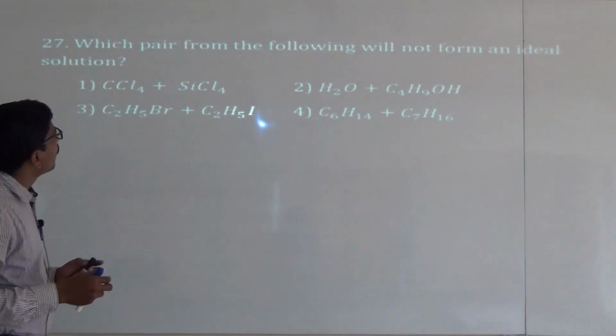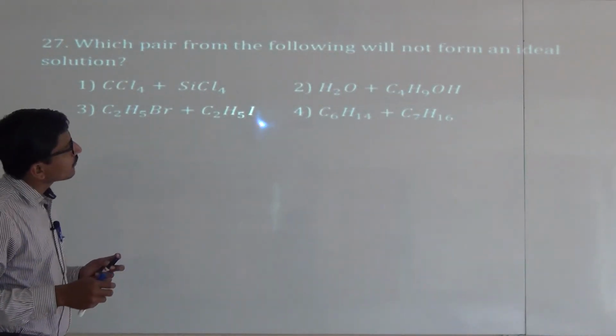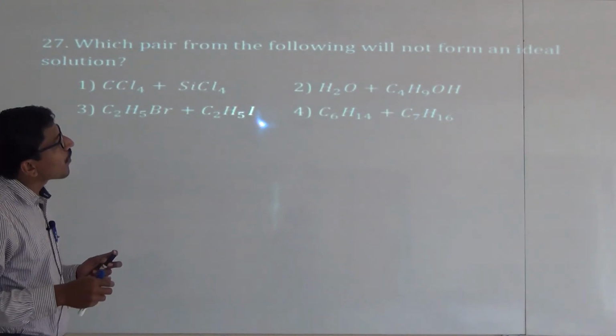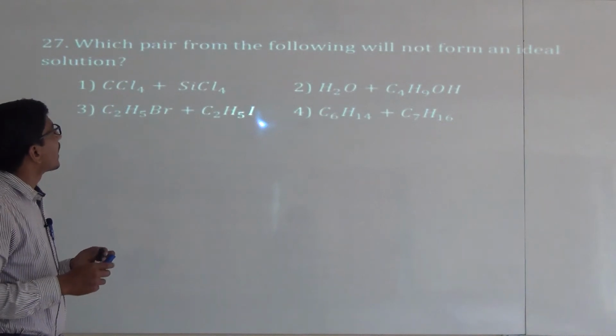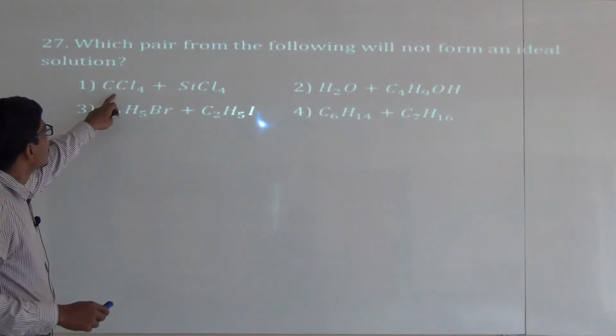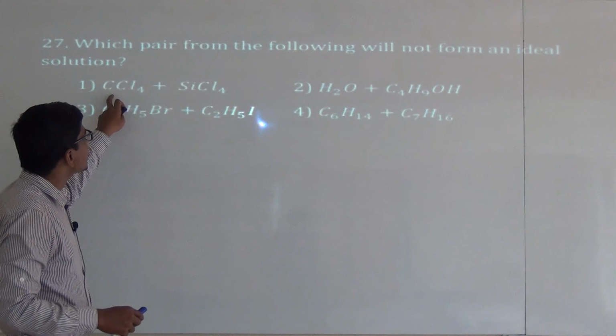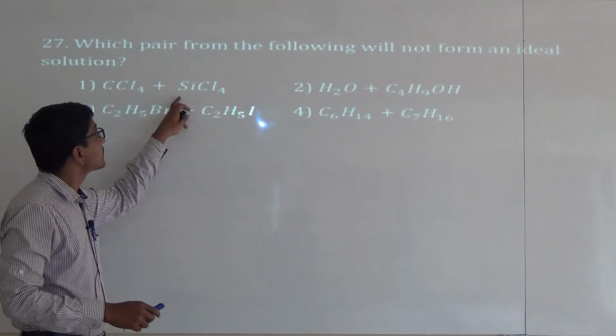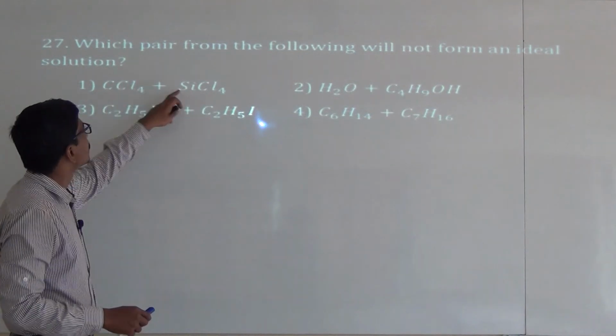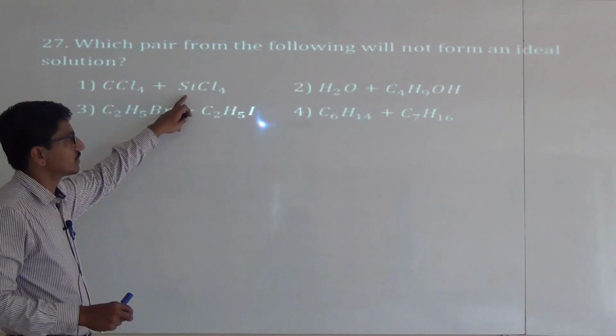Next question, which pair from the following will not form an ideal solution? First option, CCl4 and SiCl4, these two form an ideal solution.